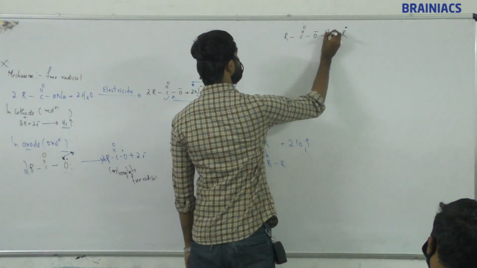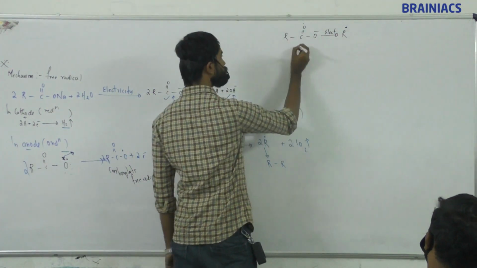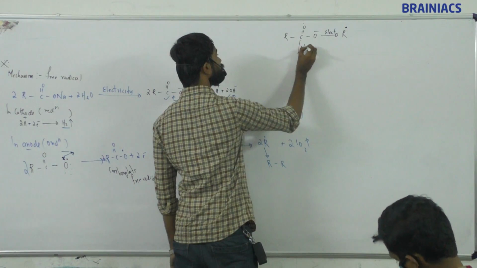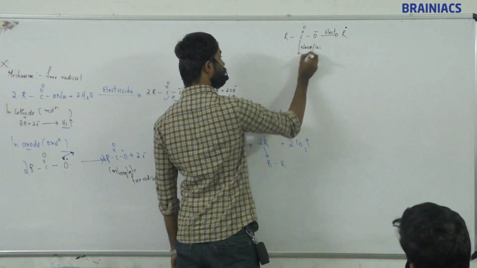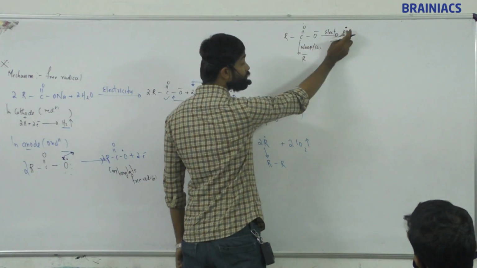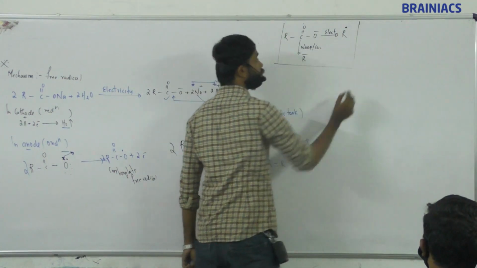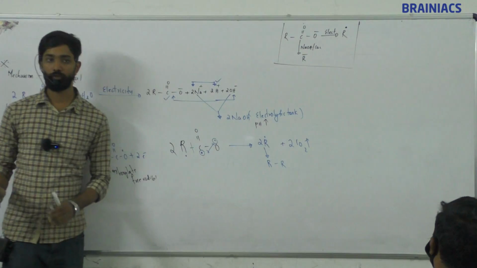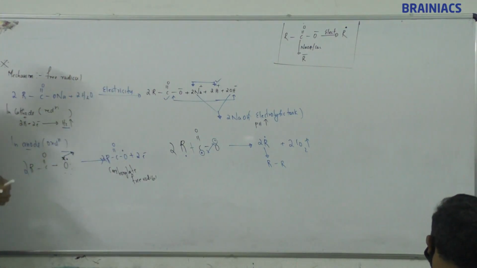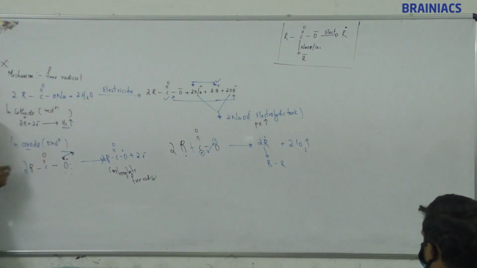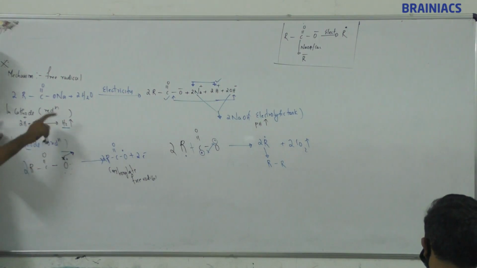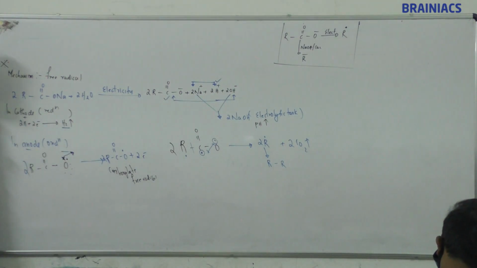So once this is on electrolysis, it becomes R dot. But this on treatment with NaOH becomes R minus. This becomes R radical, and this becomes R minus. That you have to know. Okay, since you know the two mechanisms, this is important because it is given in your textbook. Questions may be asked from this also. Okay.